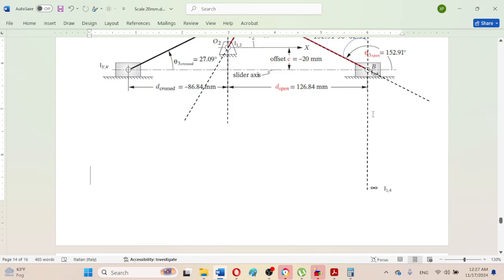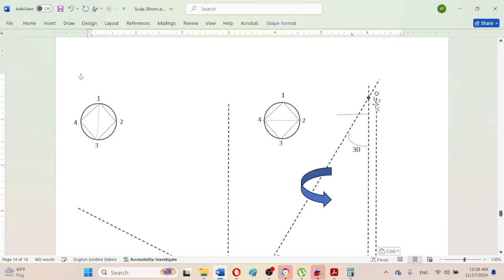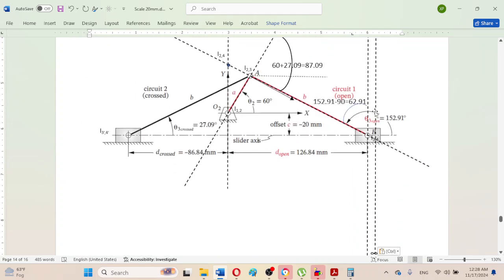So I can just, for example, copy and paste it here and move it here like this.